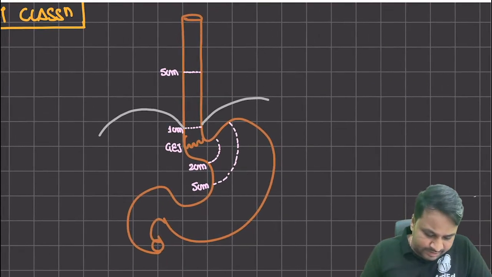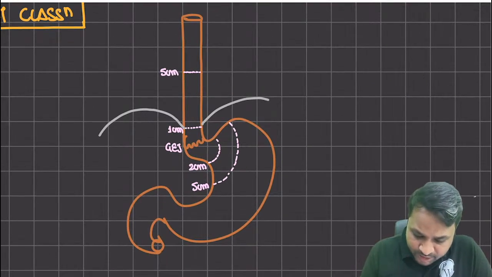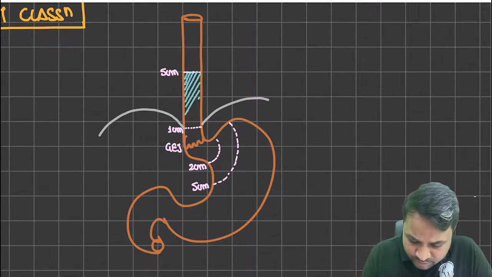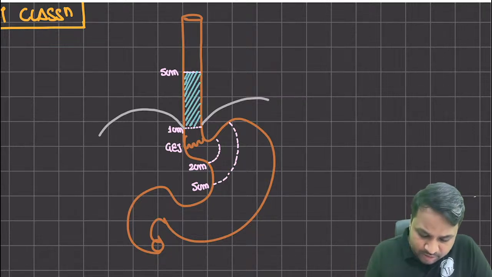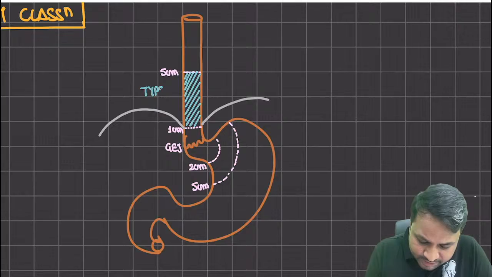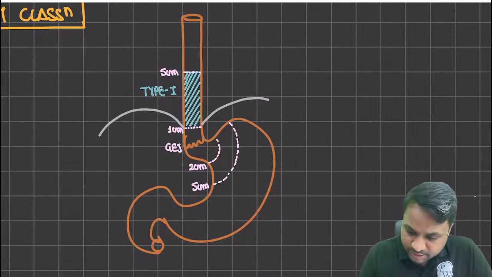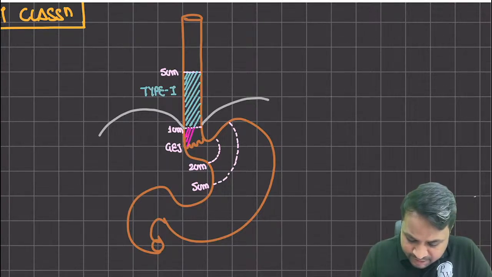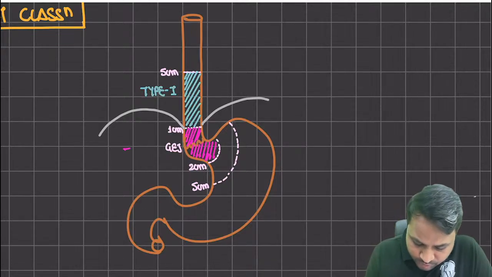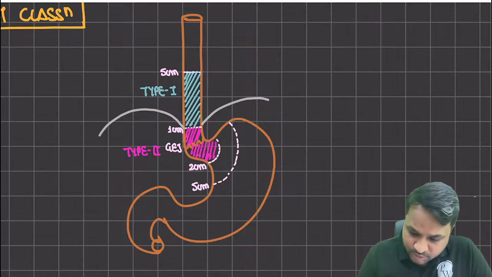Now the Sievert classification has different types, right? If the tumor is present in this region, that is from 1 centimeter above till the 5 centimeter part, this is what we call the type 1 G malignancy. Now, if it is present between 1 centimeter above and 2 centimeter below, this is what we call the type 2 G malignancy.